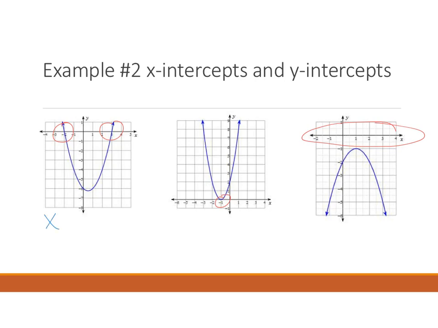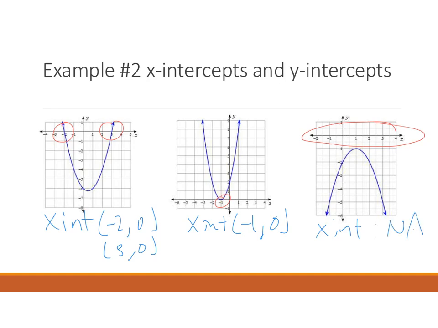So in the first example, I have 2 x-intercepts. The first one is at (-2, 0). The second one is at (3, 0). On the next example, my x-intercept is at (-1, 0). And the last one, since I don't have an x-intercept, you can either write none or NA.